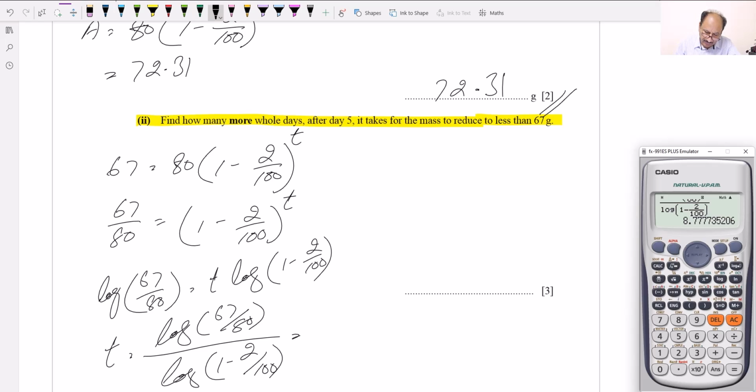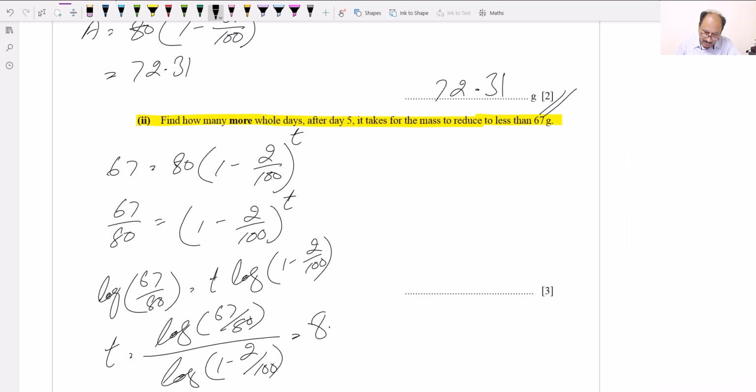8.78. Now this 8.78 is after 5 days. They are saying find how many more whole days after day 5 it takes for the mass to reduce.